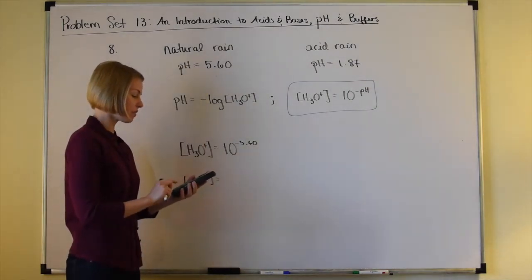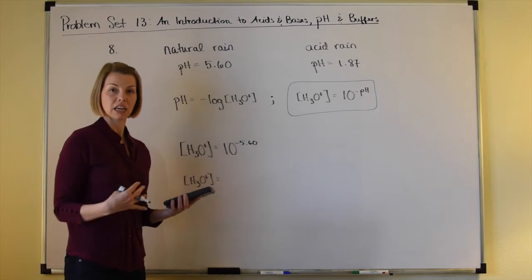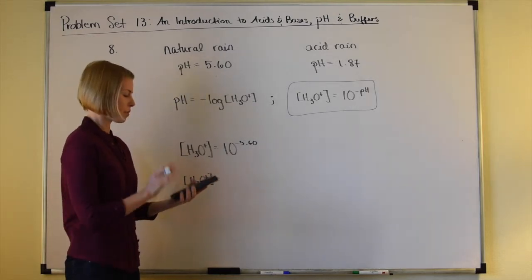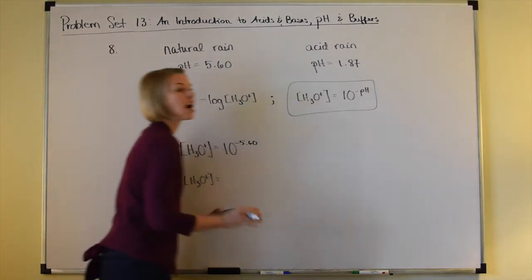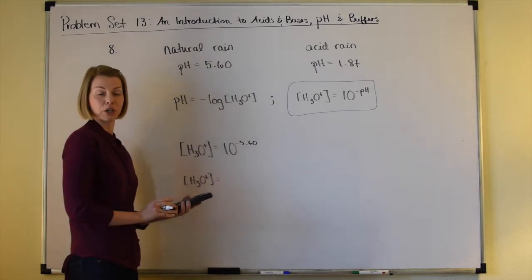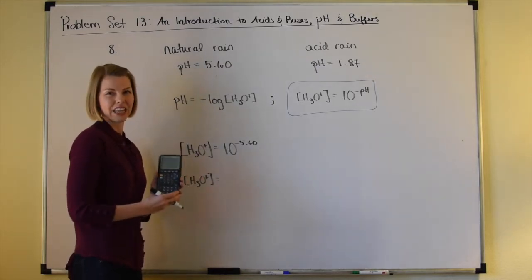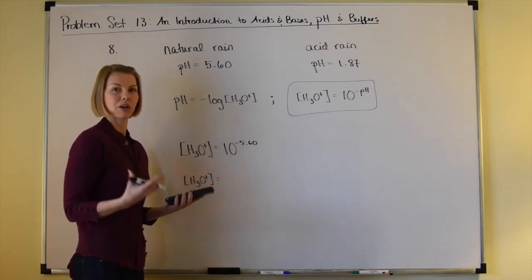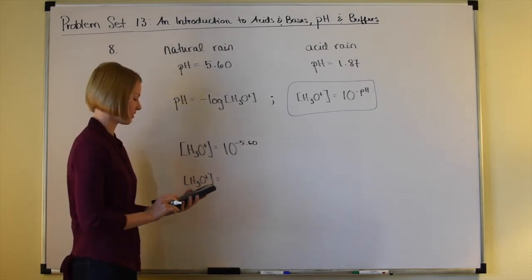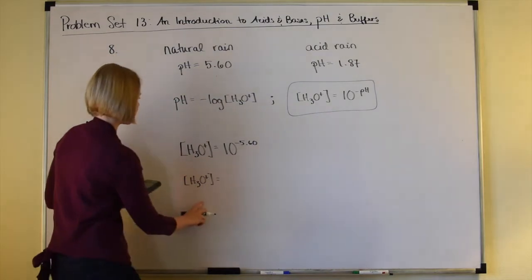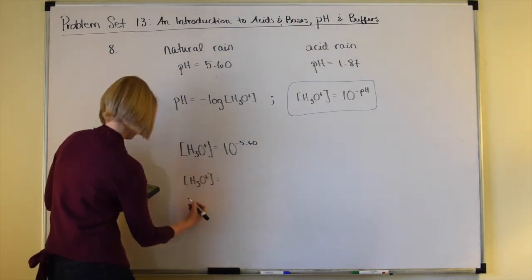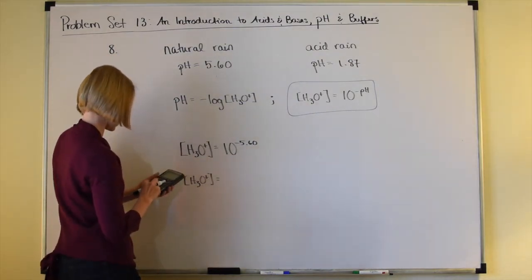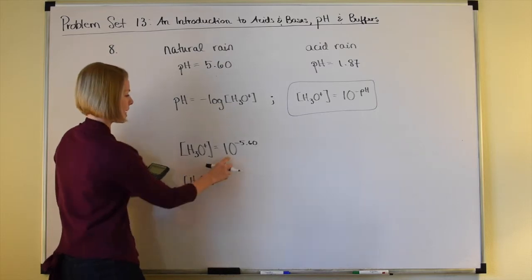If you're not familiar with using antilogs on your calculator, I'm going to write down the sequence of the buttons that I push. Now I am using a TI-83 once again, so your calculator may work differently if you have a different model. Okay, so we want to first push the second log so that we get the inverse log.